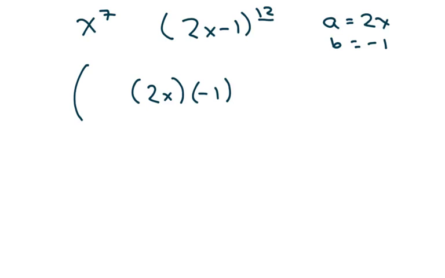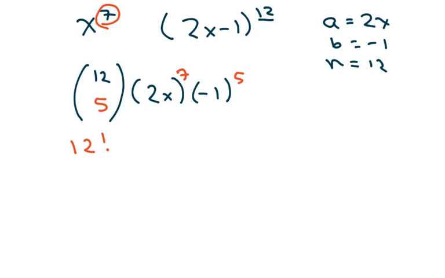I know my total n is 12. I know I'm looking for the 7, so that's going to be 7. If that's 7, this has to equal 5. Because 7 plus 5 is 12. And then I'm going to write this out as 12 factorial over 7 factorial times 5 factorial.